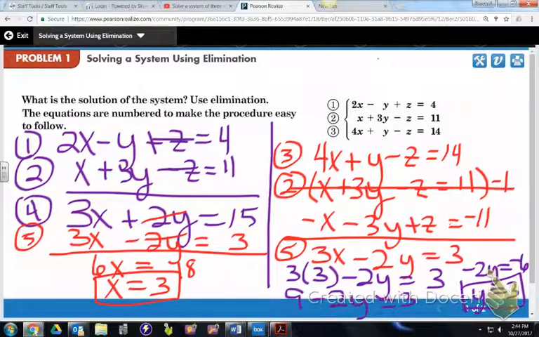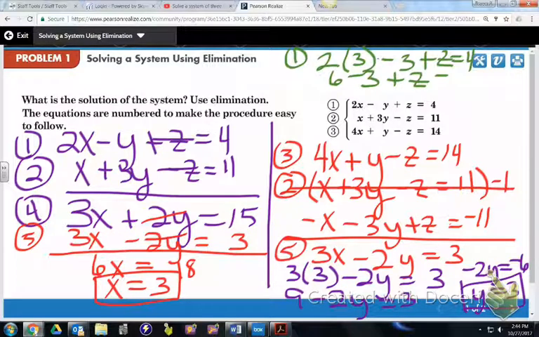Okay, if I take the first equation, 2 times x minus y plus z equals 4. 6 minus 3 plus z equals 4. 6 minus 3 is 3. Subtract the 3. And 4 minus 3 is 1.